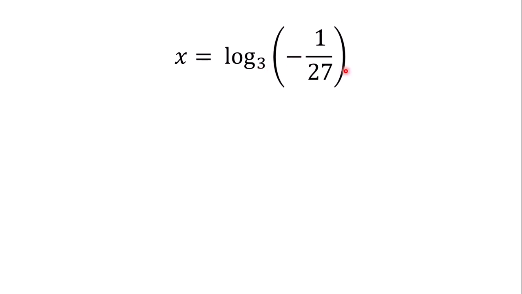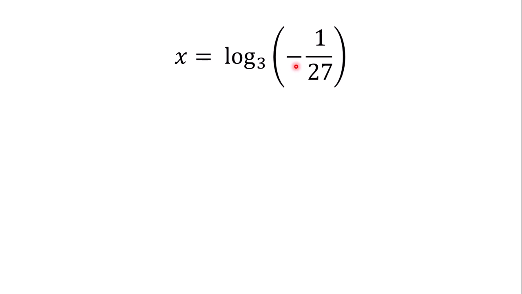So this one is not going to give us a real value, it's just going to give us complex numbers. We're just going to ignore this solution because of the complex or imaginary values.